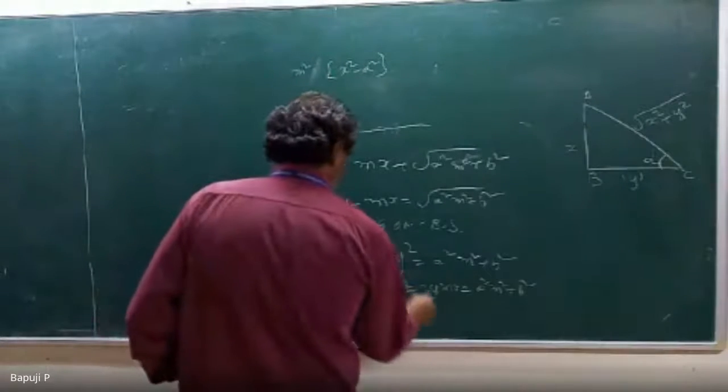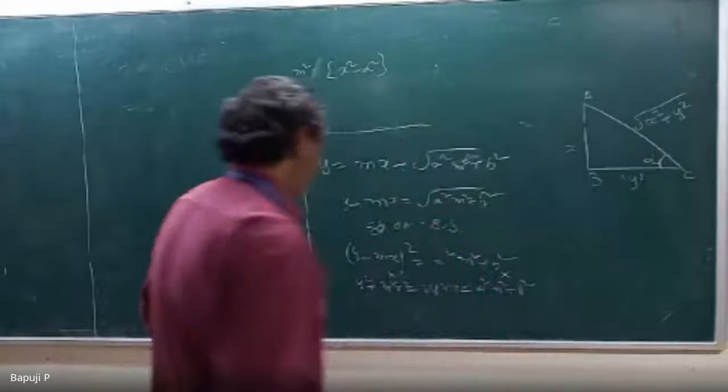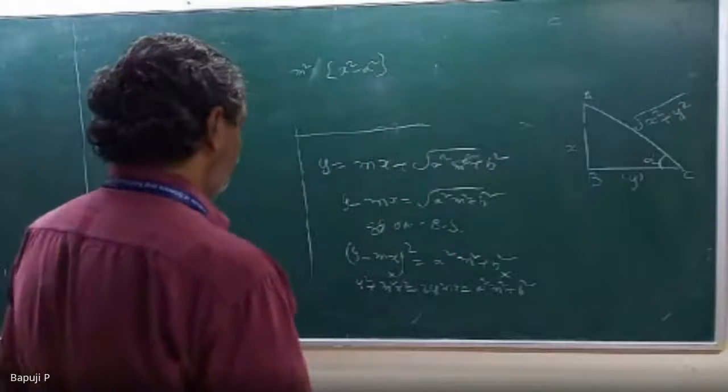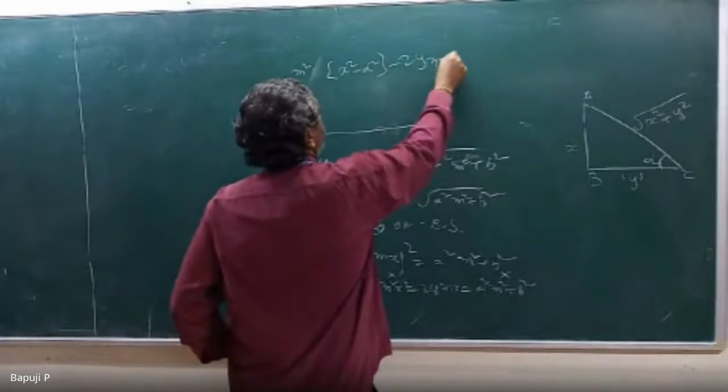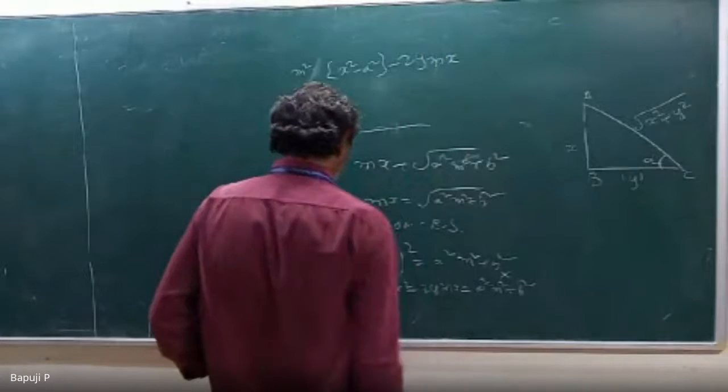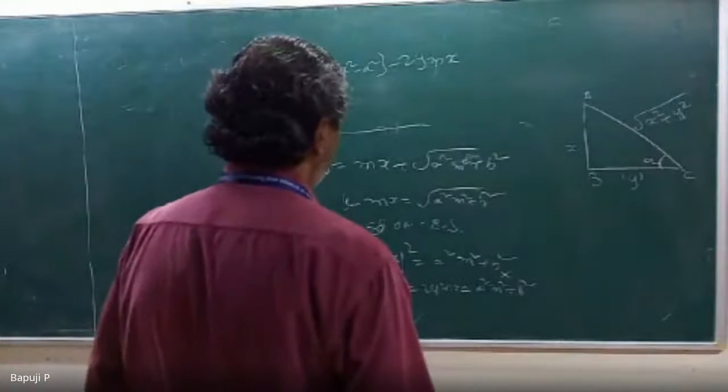This m² term and this m term, only one. Then the balance, plus y² − b². Very good.